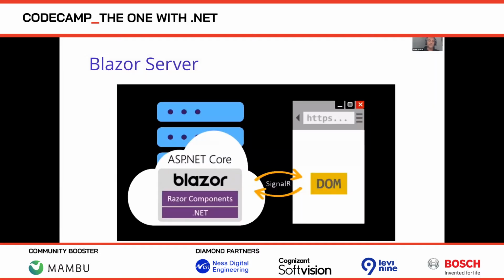In the Blazor Server model, the actual Blazor application itself is running on the server, and the interactions with the application in the browser are happening over SignalR. So this is one particular hosting model that you can use to deploy a Blazor application.